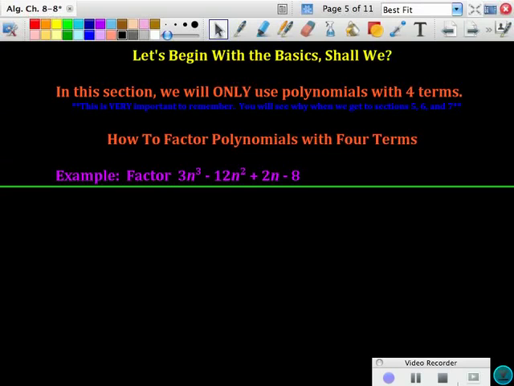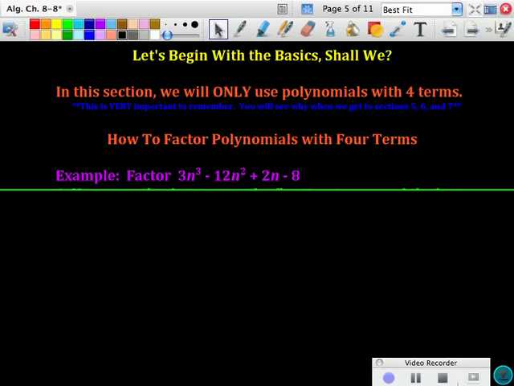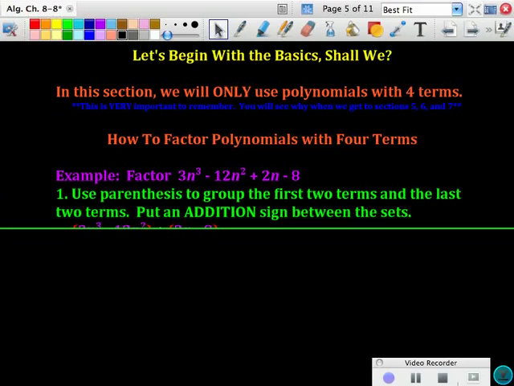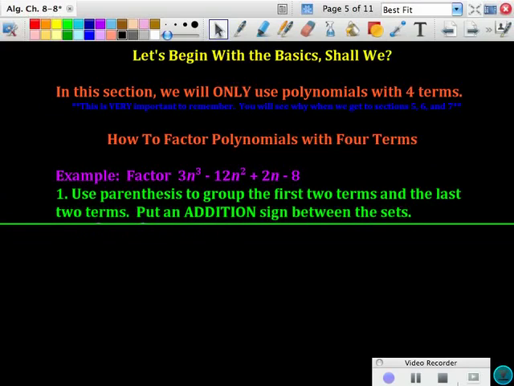All right, first, use parentheses to group the first 2 terms and the last 2 terms. Okay, so there's 4 terms, so that would mean your first 2, you want to group together, and then your last 2, you would like to group together. Now what's very important with this is that you put an addition sign between the sets of parentheses. Okay, so here I just rewrote the problem, added in the red parentheses, and added the addition sign in between.